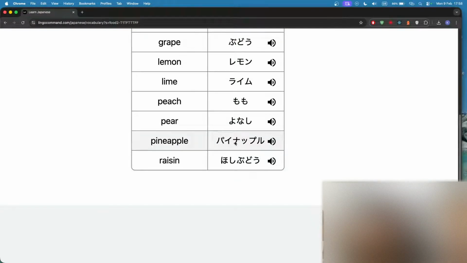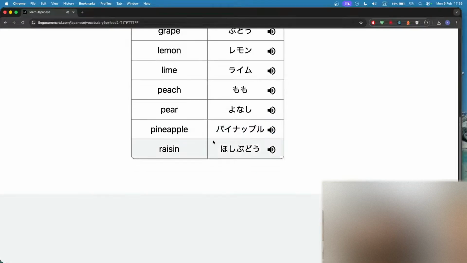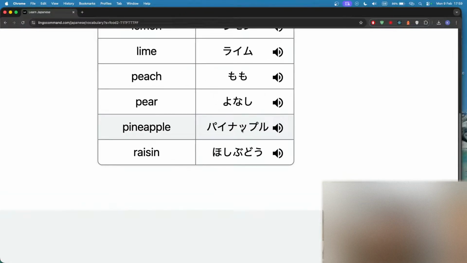This is pineapple. Pineapple, パイナップル. It's worth pointing out, by the way, that this is a half-sized tsu in katakana called sokuon. So you don't pronounce the tsu here.